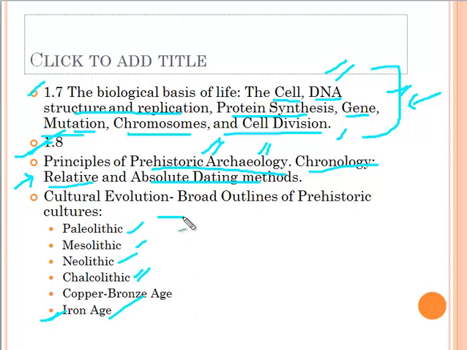So all this is a broad outline, and what are the different aspects of these particular timelines, and what are the major changes that have occurred, why we say that this is Paleolithic and this is Mesolithic or this is Neolithic. There will be different definitions of all these things that we need to understand, learn and mug up.